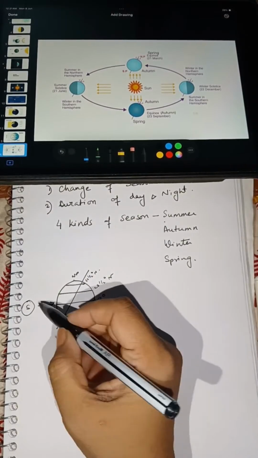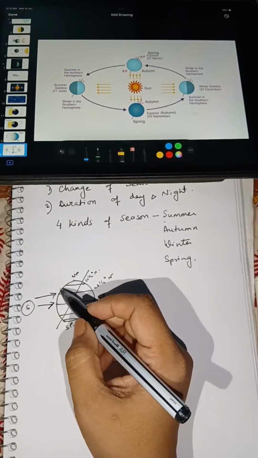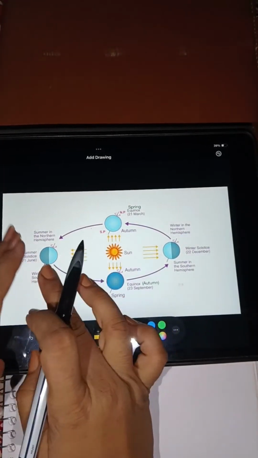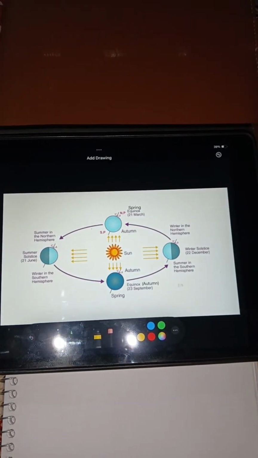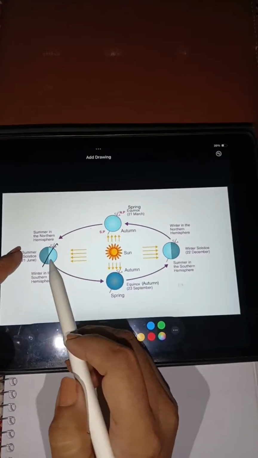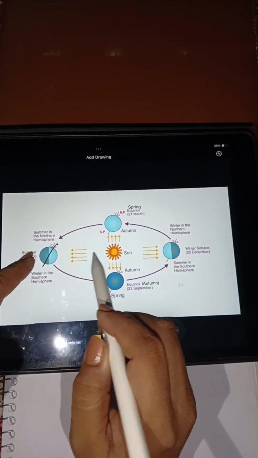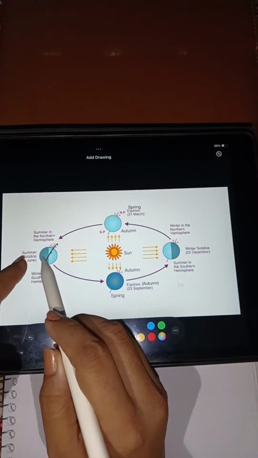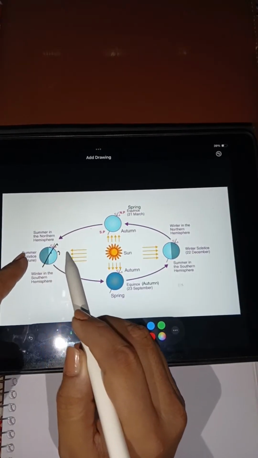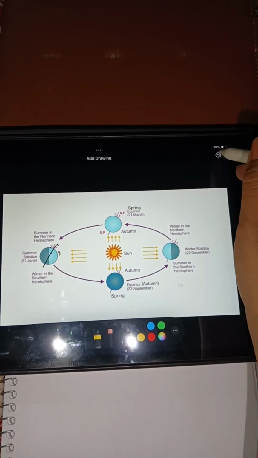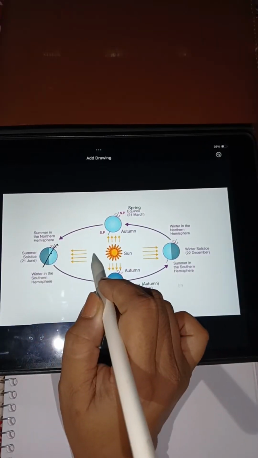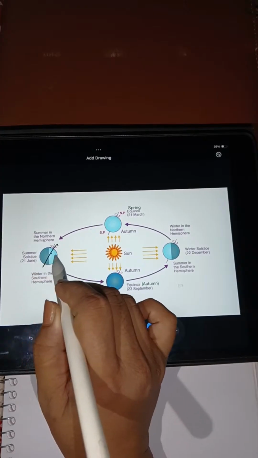On this day the sun is directly overhead, so the earth is tilted towards the sun, and as it is tilted towards the sun like this, the whole of the northern hemisphere is getting direct sun rays.